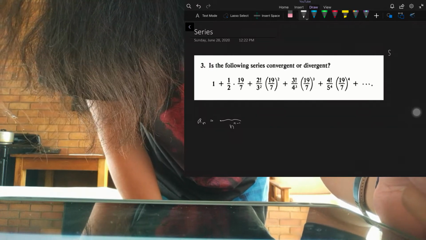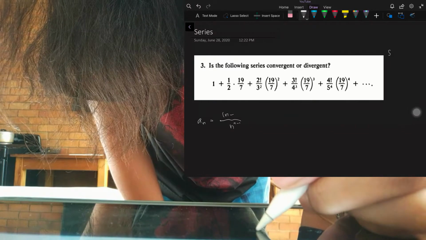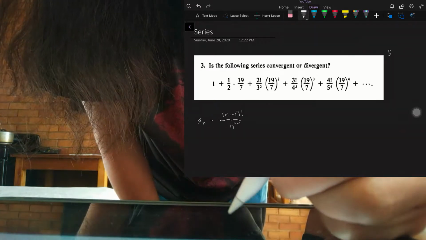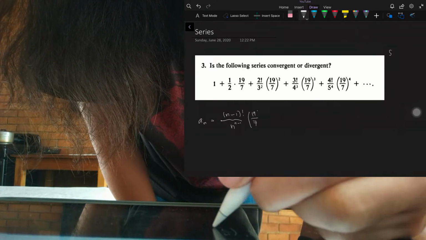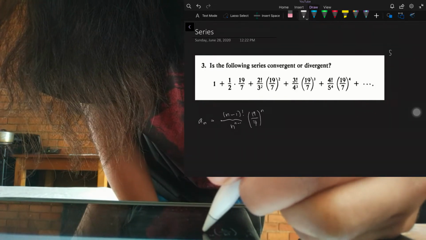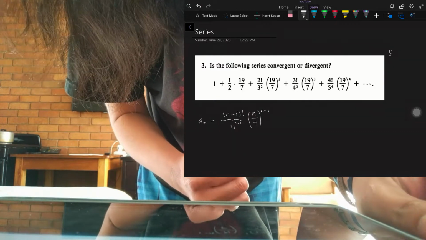In the numerator you have the factorials, which are just n minus 1 factorial. And of course you have the constant coefficient 19 over 7 raised to the n minus 1 as well. So that's how the nth term looks.